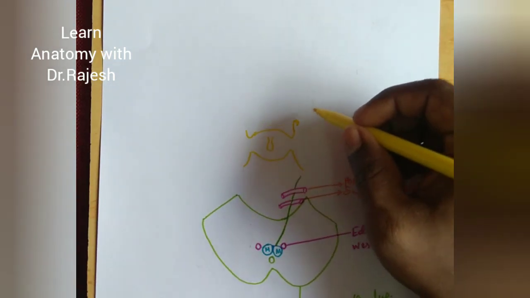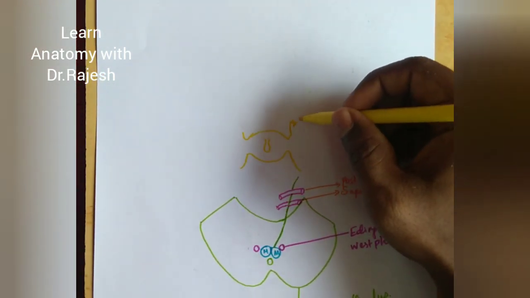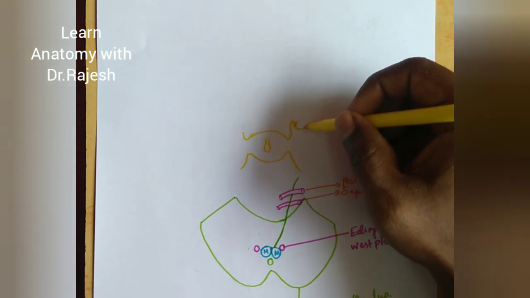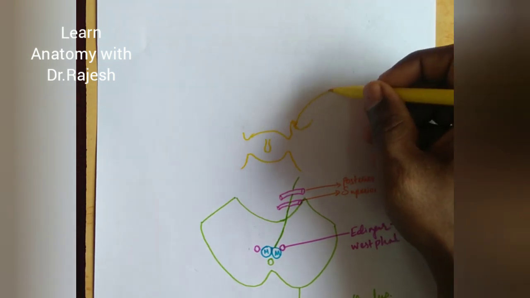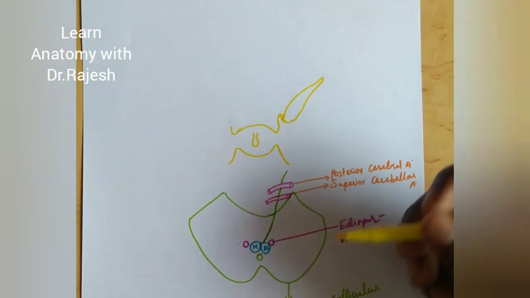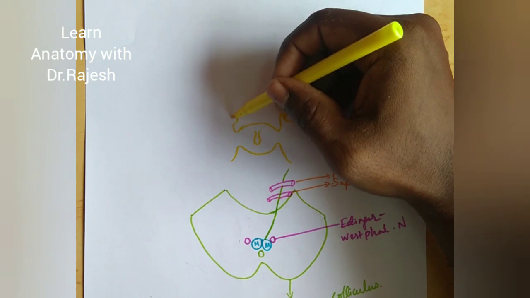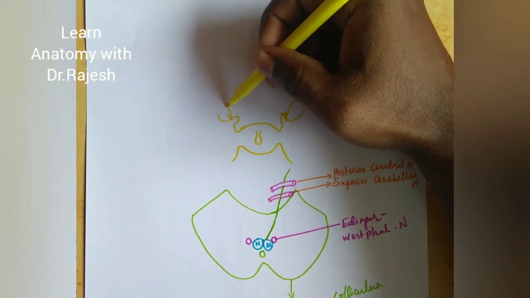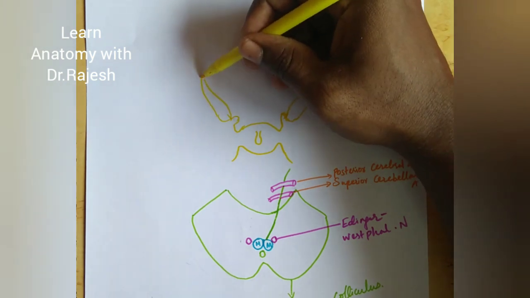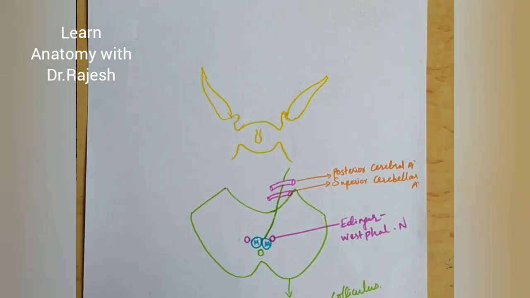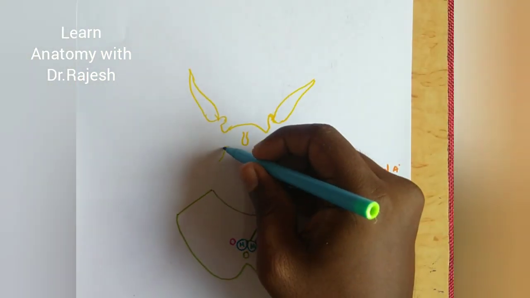Still more laterally, we have a larger foramen, the superior orbital fissure. Now we have to draw one more layer, the dura mater.